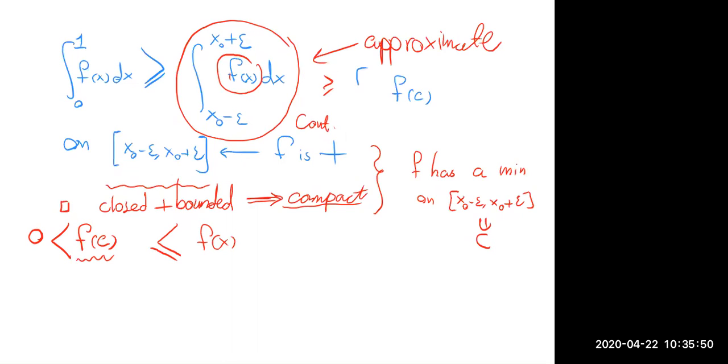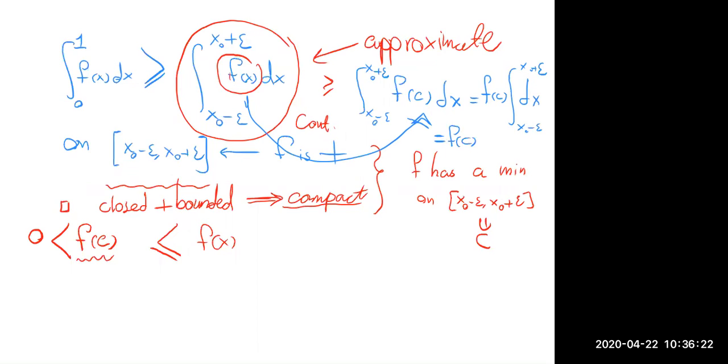So the integral from x naught minus epsilon to x naught plus epsilon is greater or equal than the integral of f of c, because f of x is greater or equal than f of c. But this is constant, so it comes out of the integral. It would be just the integral of 1 dx, which is x from x naught minus epsilon to x naught plus epsilon, which is 2 epsilon.